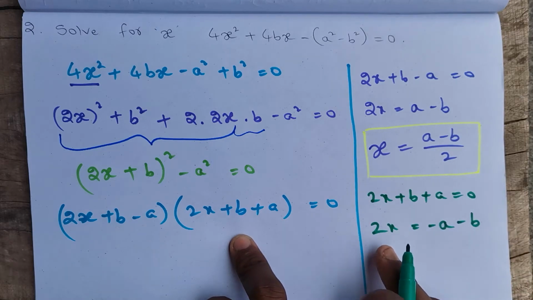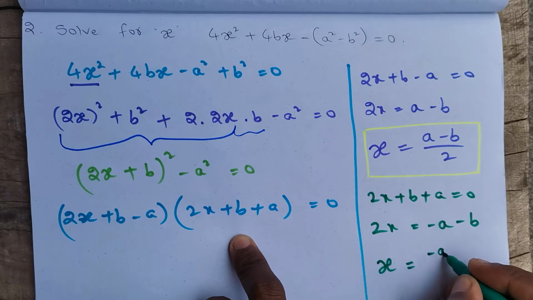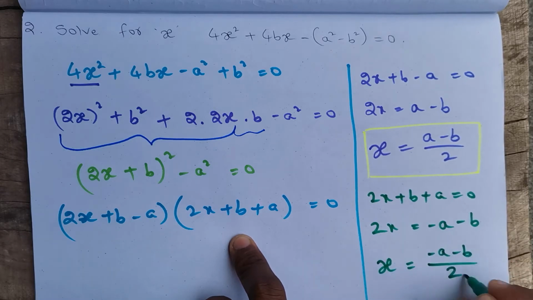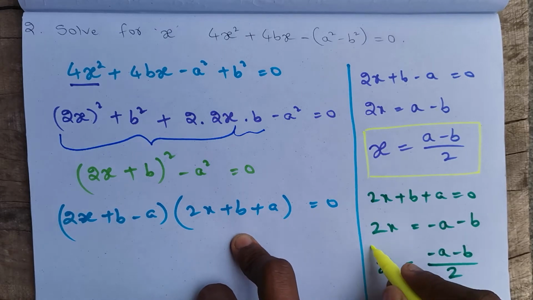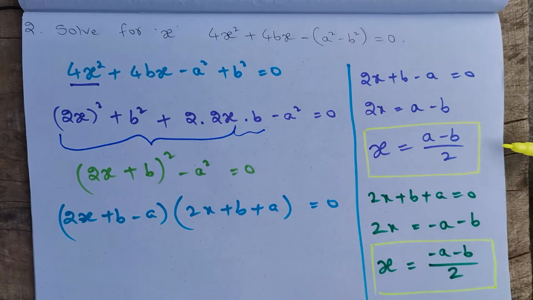We want the x value, so 2 also I will take to the right side. Then x is equal to (-a - b) whole divided by 2. So the x values are (a - b) divided by 2 or (-a - b) divided by 2.